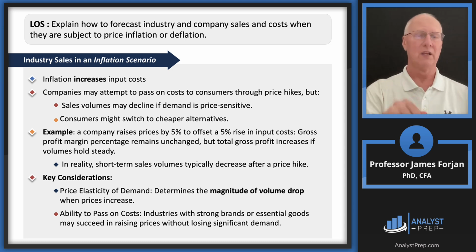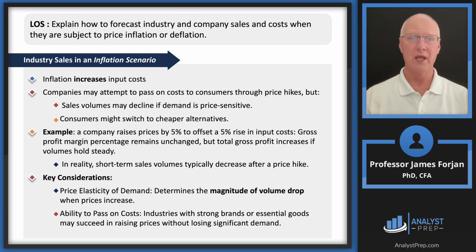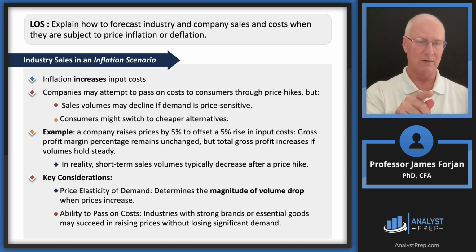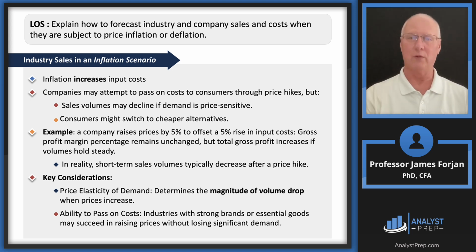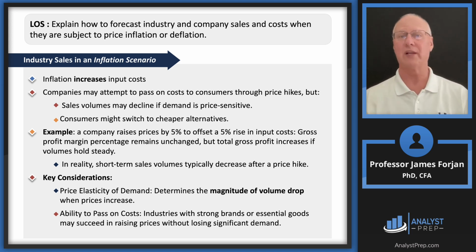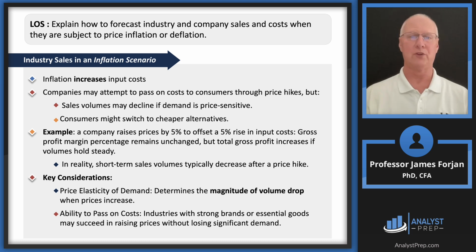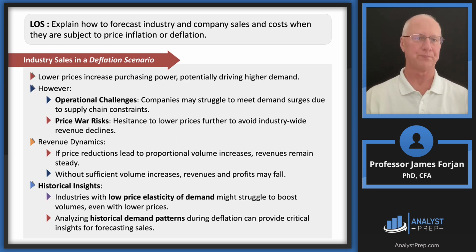Just put this in your notes or in your head: that first diamond point, that's the P times Q that I was talking about. Then the very next one, consumers might switch to cheaper alternatives. There's an example there. How about key considerations? Well, there we go: price elasticity of demand and the ability to pass on costs.